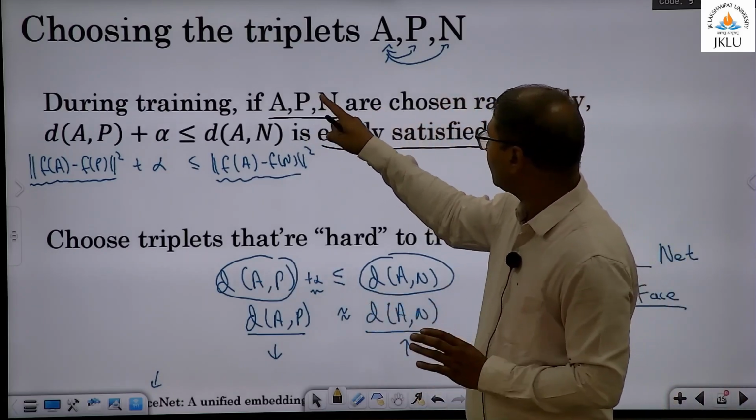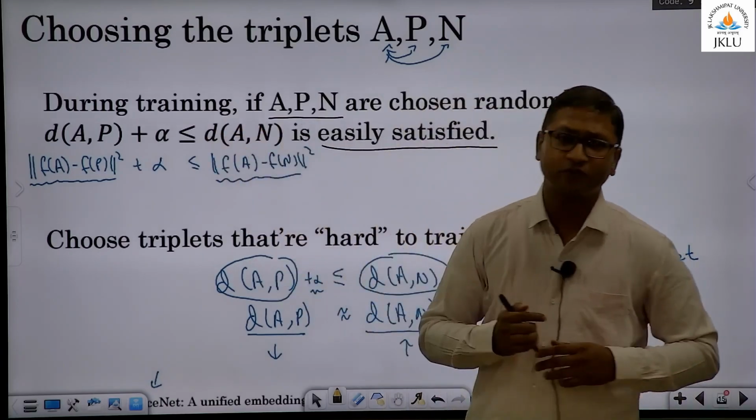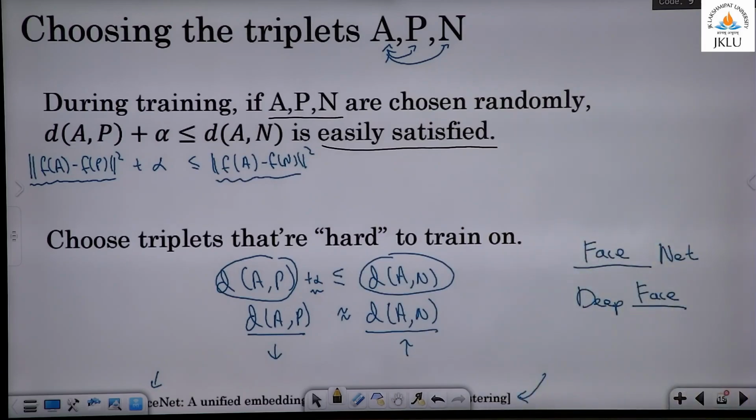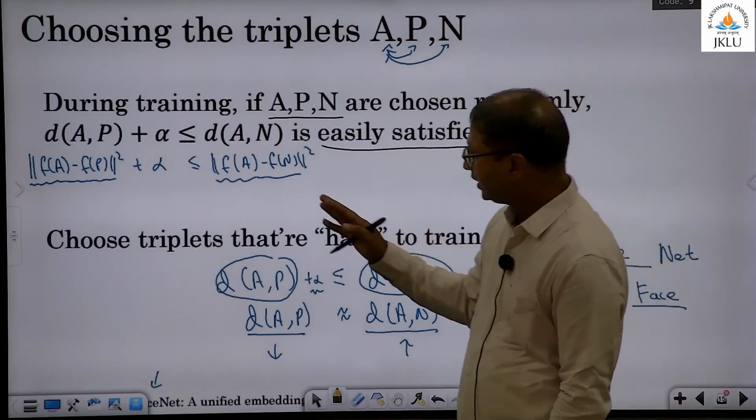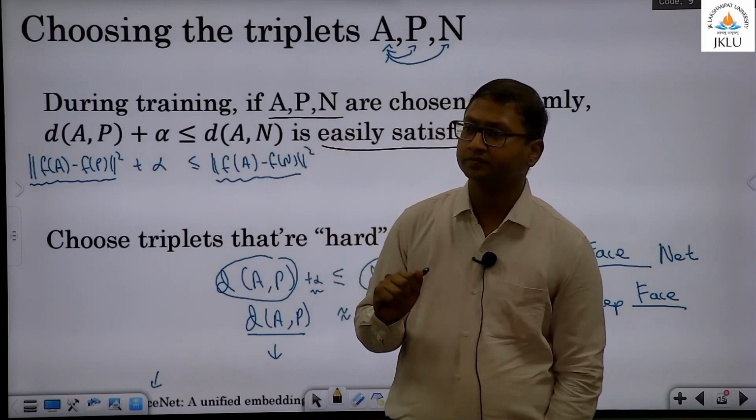During training, if A, P, N are chosen randomly, then this is easily satisfied. Why so?